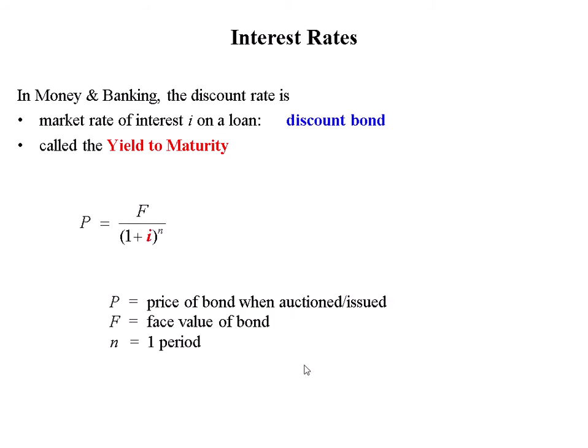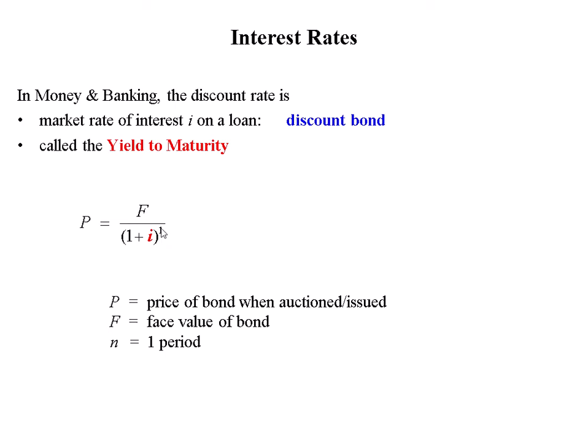Okay, what about a discount bond? A discount bond is generally considered a discount bond if the maturity is 1 period and there are no coupon payments. All you get is the face value, the value at the end of the period.